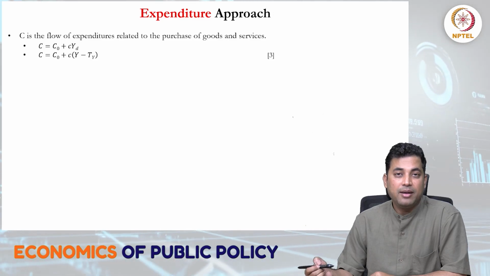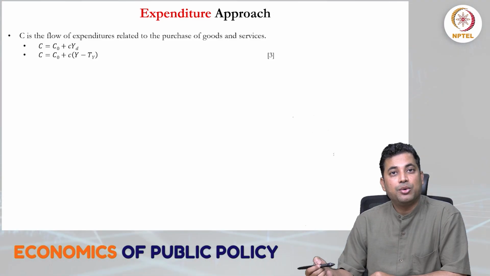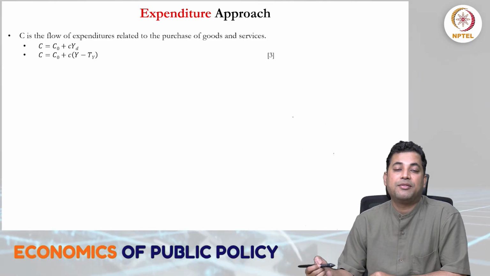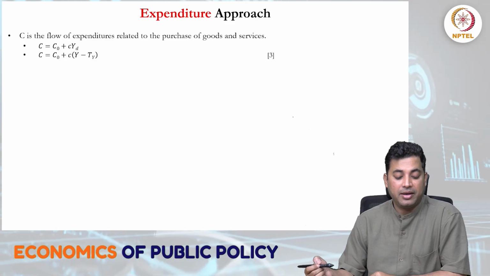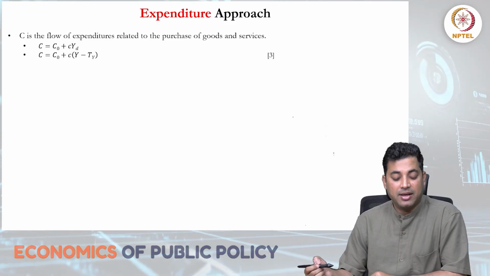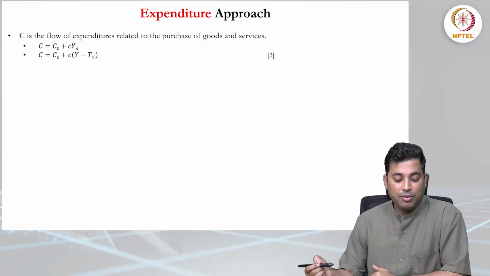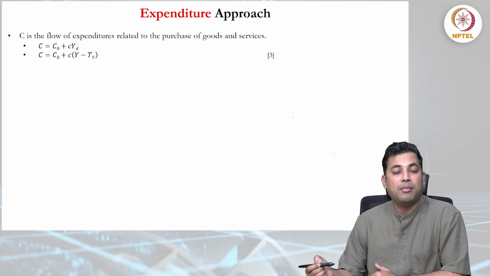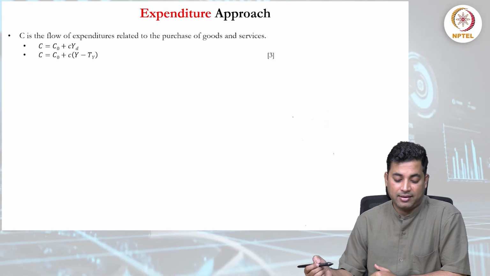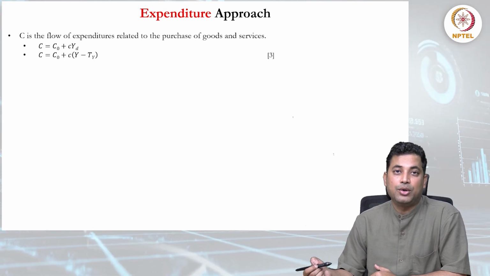Broadly, capital C, the total consumption expenditure, is a function of total disposable income, right? So total disposable income, what does that mean? Total disposable income is the net income after deducting the total tax on the total income.